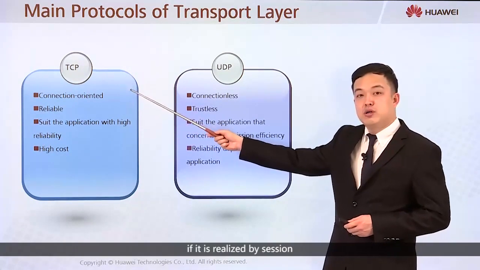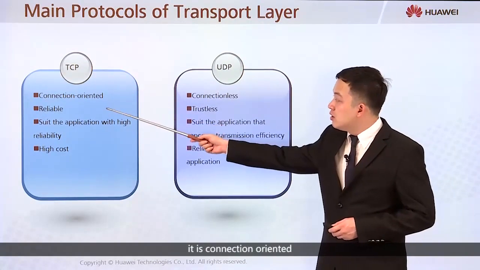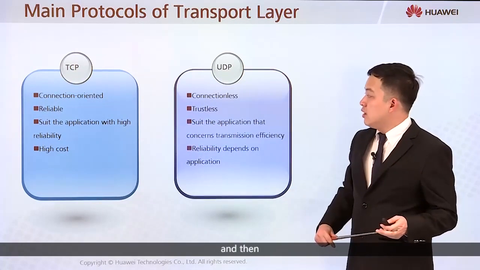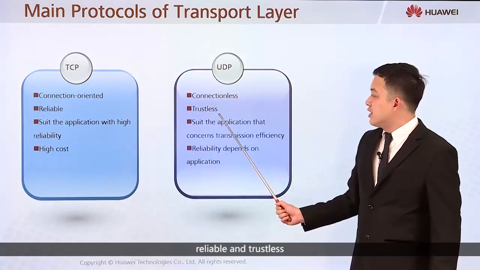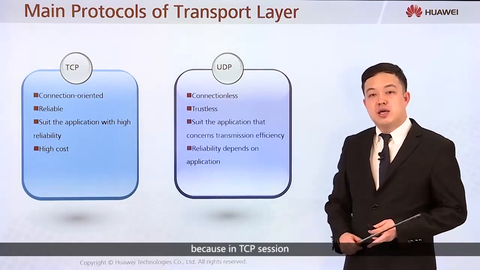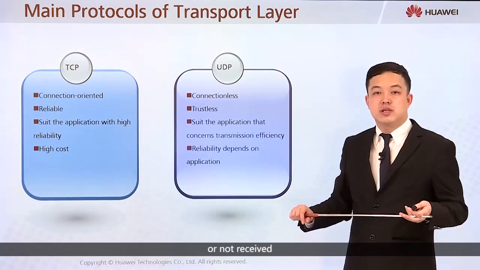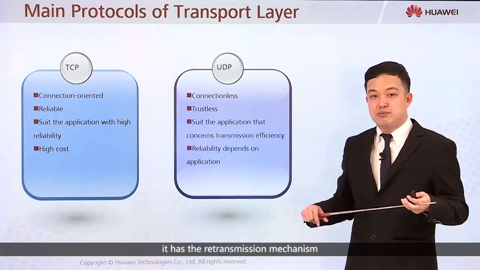If it is realized by session, it is connection-oriented. And then it is reliable, because in a TCP session, if a packet is lost or not received, there is a retransmission mechanism.